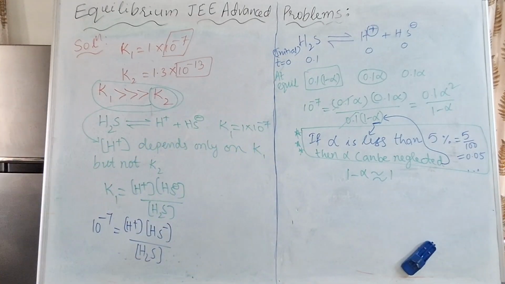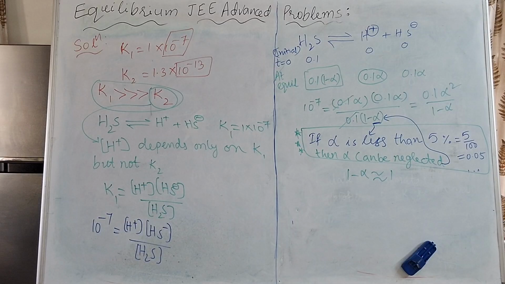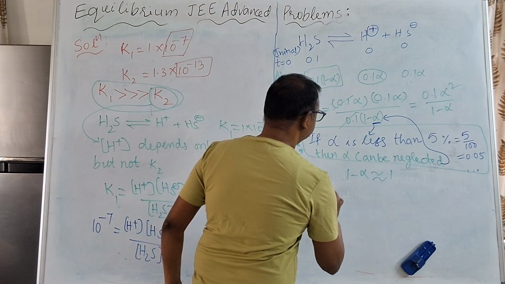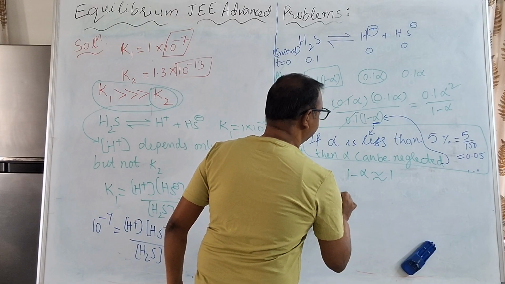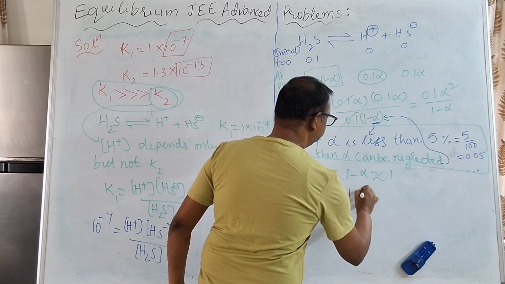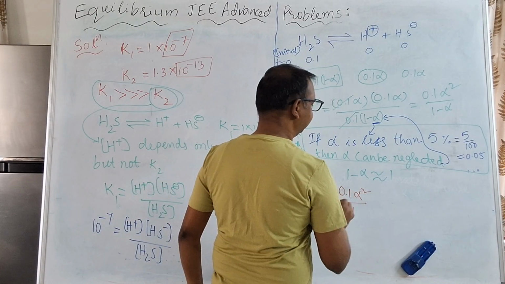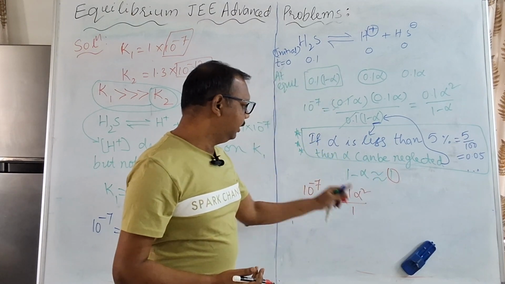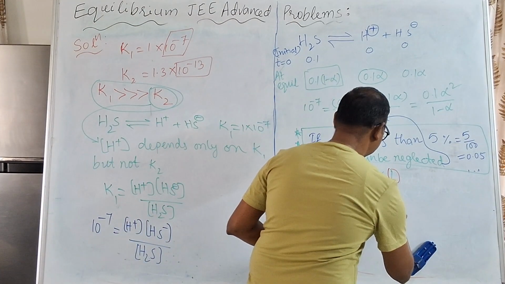Okay. Now, let us consider here, 10 power minus 7 is equal to 0.1 alpha square by 1 only, because 1 minus alpha becomes 1 here. We know that very well. Therefore, you just rewrite this equation.